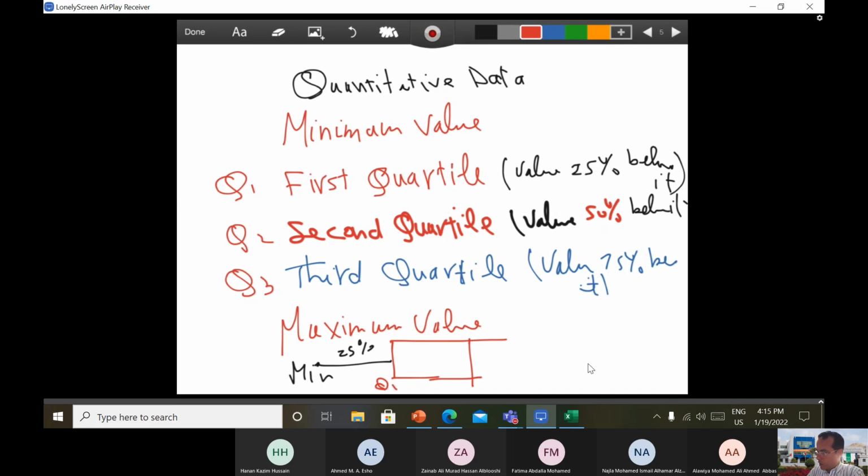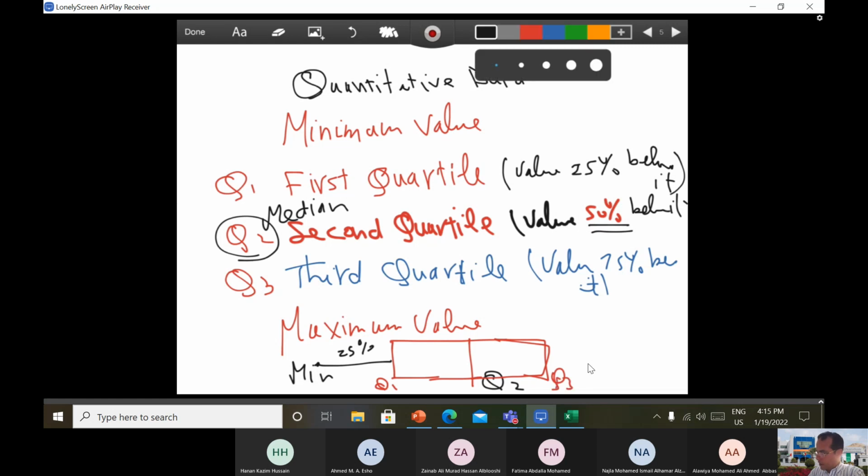In the middle you have the second quartile, at 50%, so the second quartile is the same as the median, right? Then Q3, and you end up with the maximum, which is 100%. Here you have 75%, here 50% below it. This is the box plot.